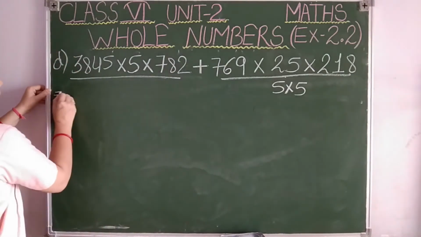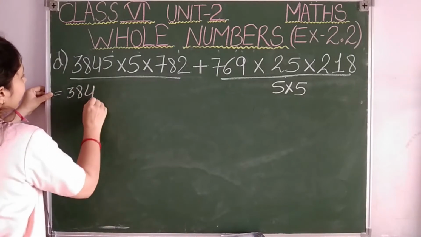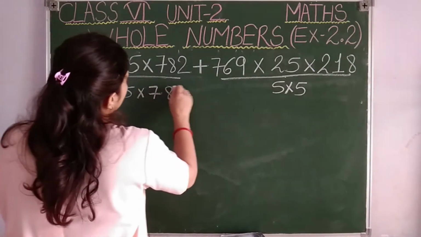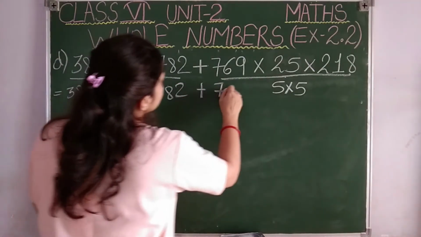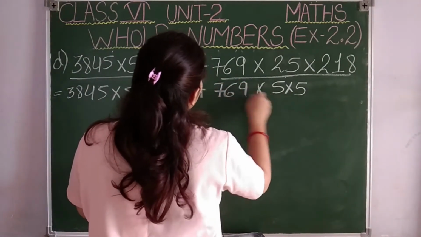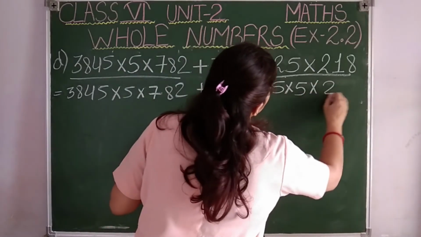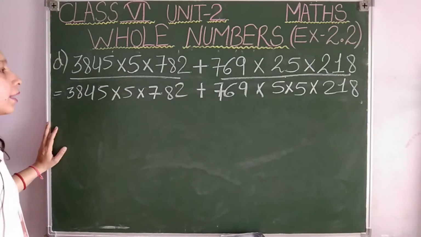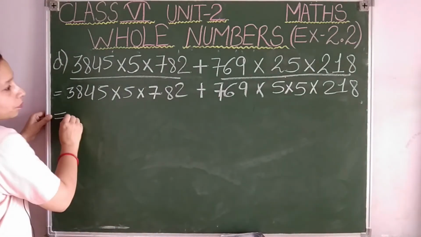Now see, students, 3845 into 5 into 782 plus 769. In place of 25 I have written 5 into 5 into 218. Clear, students? Okay, now what I will do, look.